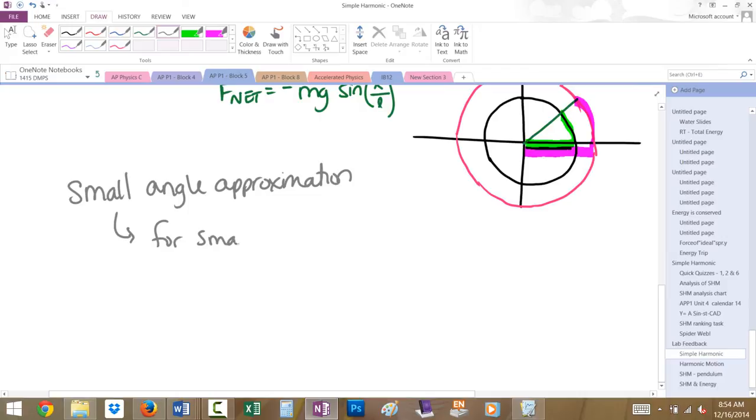For small values of theta, the sine of theta is pretty darn close to the value of theta in radians. The smaller the angle gets, the closer these two are.